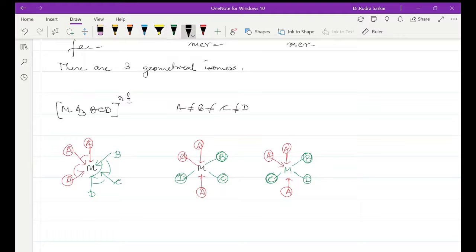So you will be thinking of another arrangement in which we will be placing the D donor atom trans to C, and the rest of the positions are obviously taken by A and B. So now what we see is that there is one FAC isomer, but there are three MER isomers possible.